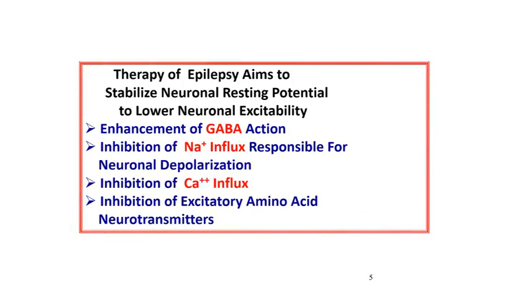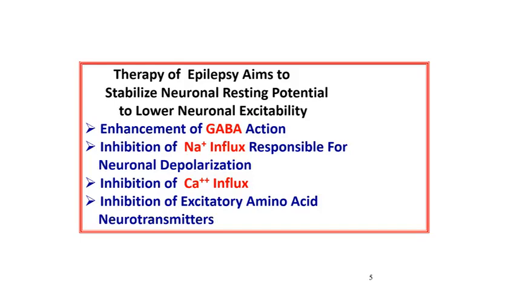Please don't forget that when we are treating epilepsy, we have to consider the GABA mechanism of action. GABA potentiation is one of the important strategies in treating epilepsy. We might interfere also by inhibiting the sodium influx or the calcium influx.